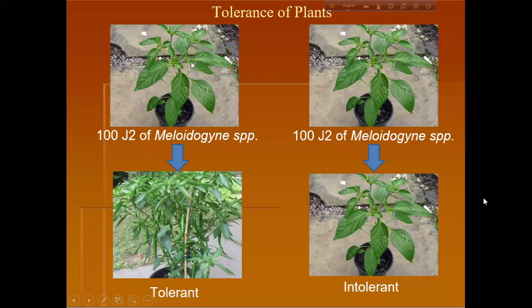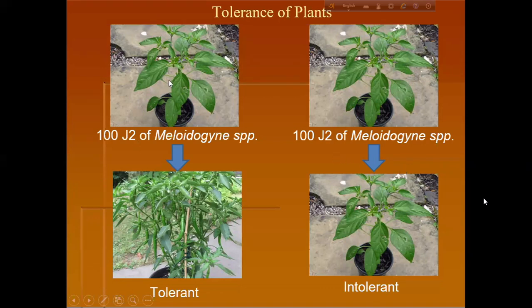On the other hand, in the left-hand side, the growth, development, and reproduction of the chili plant is not affected. That is why we can see that the plant increases in size, shape, and structure, and they develop. They also go for reproduction. You can see here the chili fruit. Okay, so this is known as the tolerant plant, the left-hand side, and this is known as an intolerant plant, because this plant cannot tolerate the presence of the nematode.